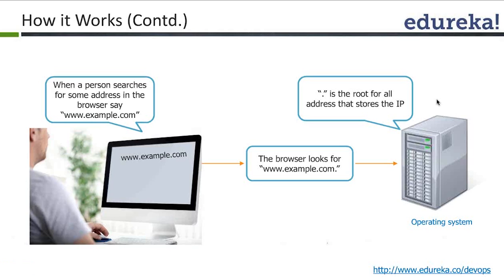So this way, I can keep creating these trees. In India, I can further subdivide my domain into, say, Bangalore, and it can go on. But most of the time, we don't go into such levels of hierarchy.